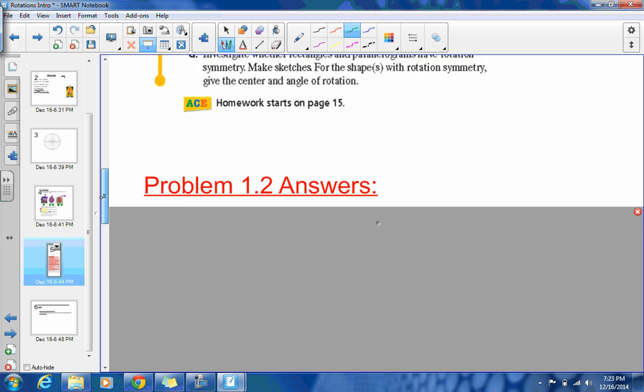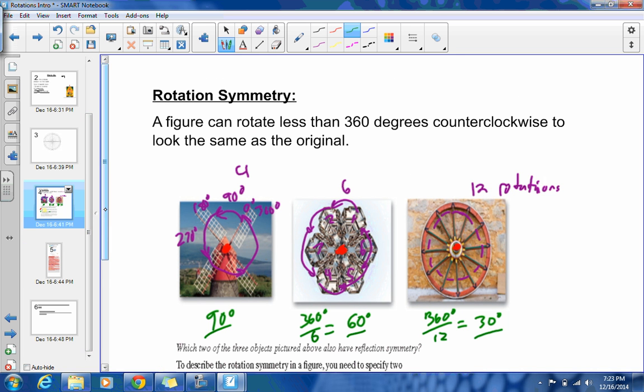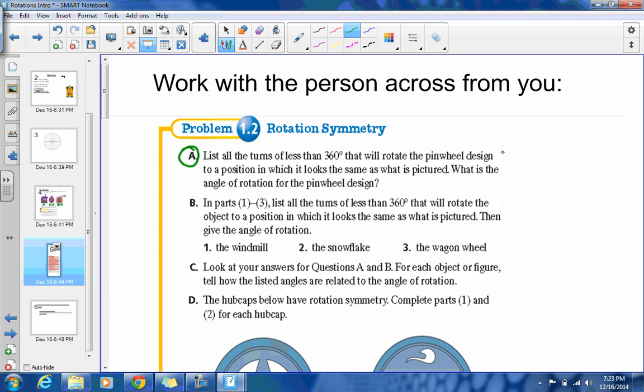Now, I calculated 30 degrees. And now I forget why I said 45 degrees. Because if it was 45 degrees, that would mean that there's only 8 different possible rotations. And that looks to me like there would be 1, 2, 3, 4, 5, 6, 7, 8, 9, 10, 11, 12. So there'd be 12. And I'm going to actually say, so we'd have 30 degrees, 60 degrees, 90 degrees.